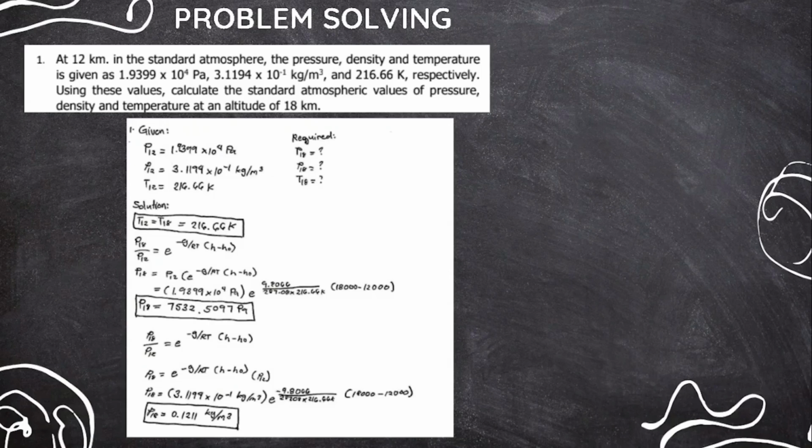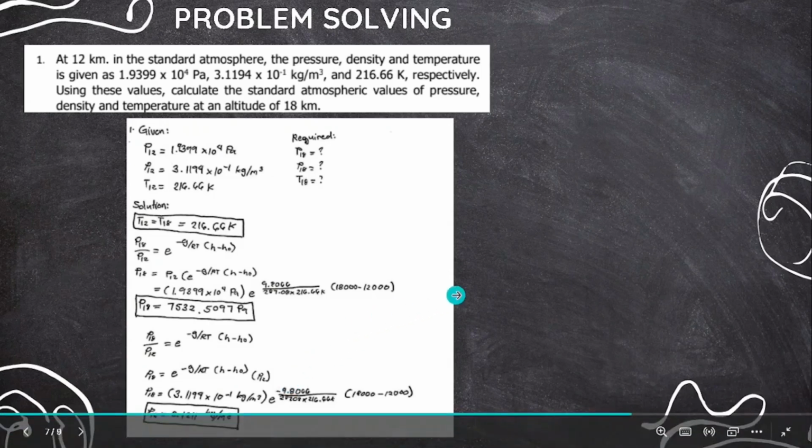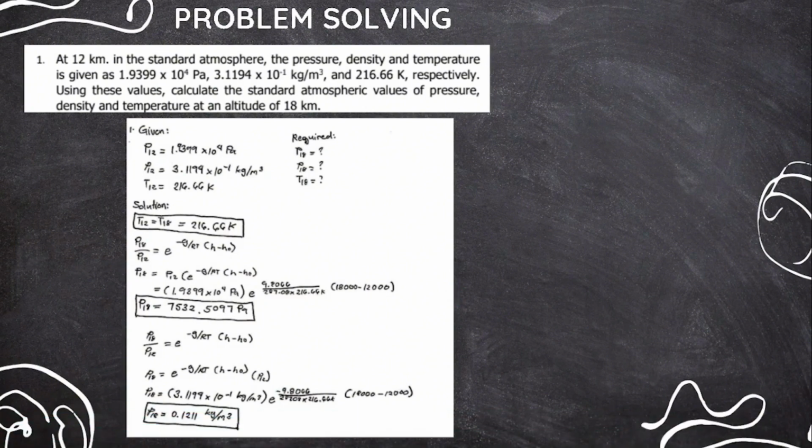So we have an answer: density at 18 kilometers is equal to 0.1211 kilogram per cubic meter.